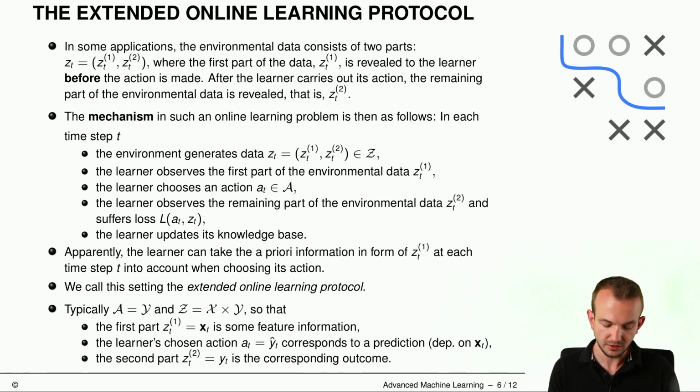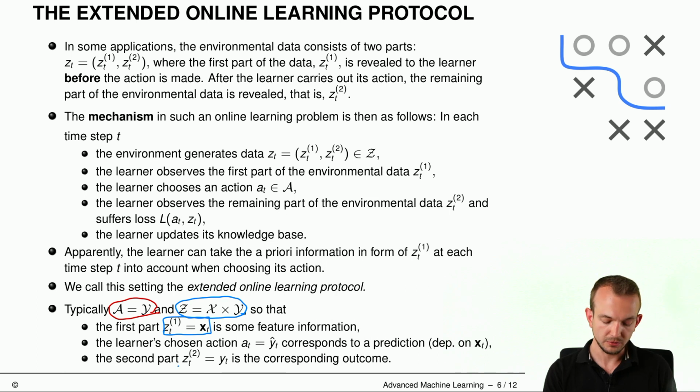And this is the extended online learning protocol we are looking at here, which in the machine learning world is typically instantiated as follows. Again, the action space for the learner is the label space as before, but now the environmental data space Z is the Cartesian product, the typical data space in machine learning applications, so that the first part is the feature information we have at some time step t, some information about the weather in some neighboring location, for instance, or the current situation at the financial market, whatever.